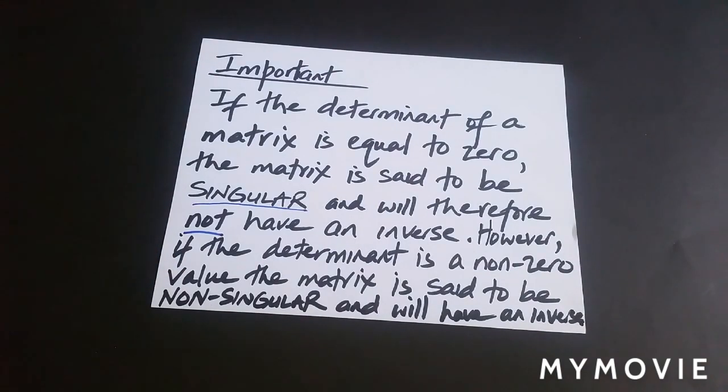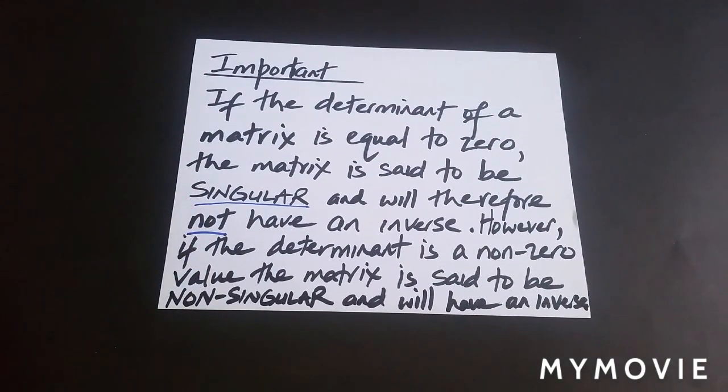So, if you calculate the determinant of a matrix and you find that the determinant is 0, then that particular matrix is singular. And the thing that we know about singular matrices is that they don't have an inverse. You'll understand that a little later, but just take it for now.